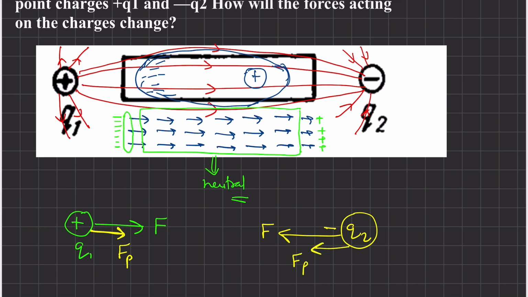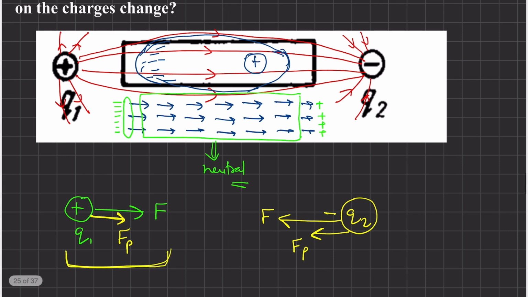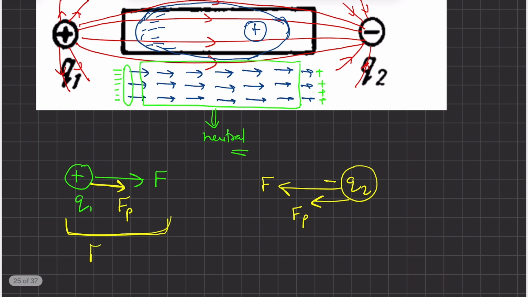So the net force acting on this charge has increased, and that is the vector sum of F plus Fp. Similarly, on this side also F plus Fp. So of course the individual charges in the vacuum are going to experience a net increase in the force.